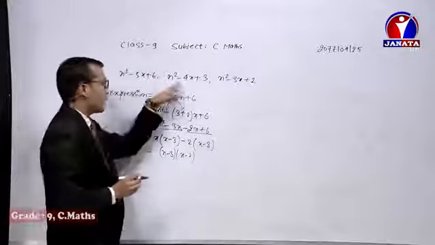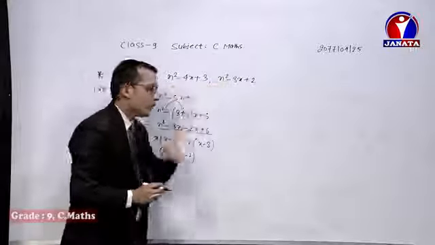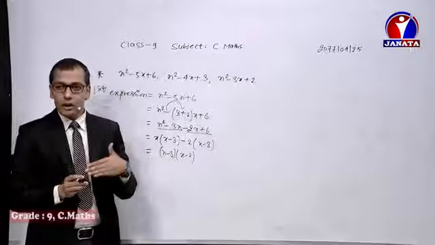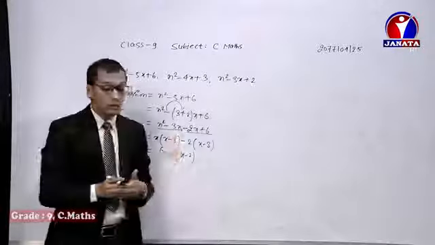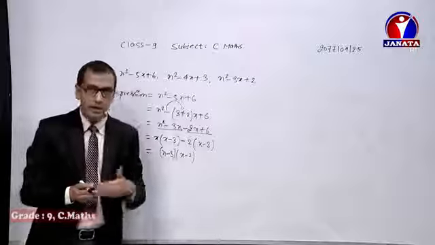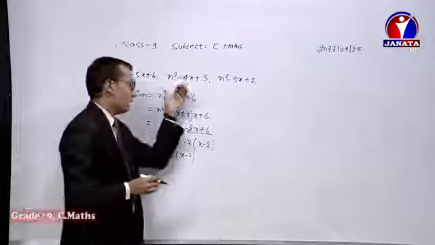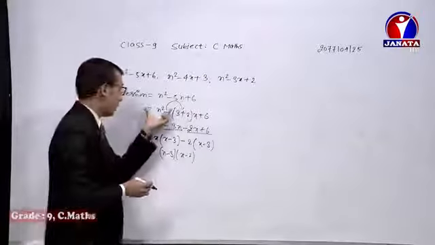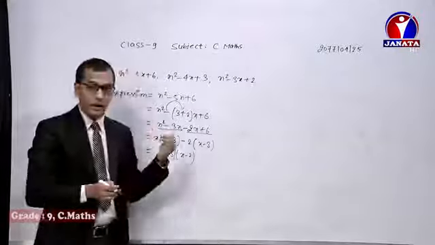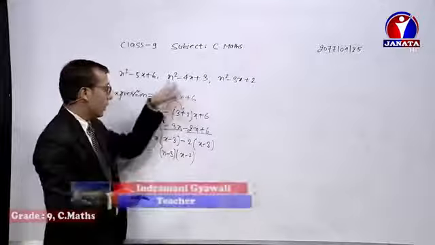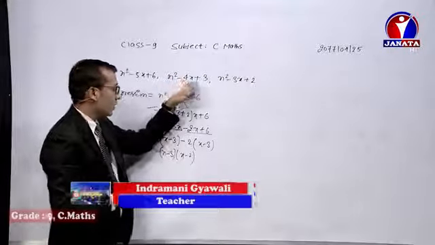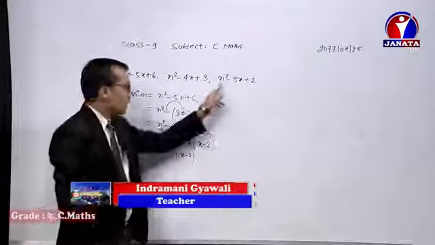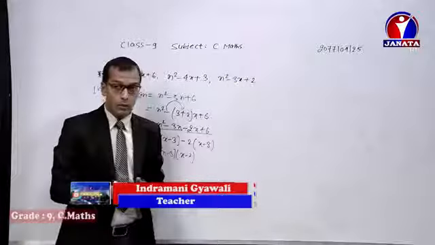Similarly, if we factorize the second and third expression, then we can find HCF and LCM. So I am leaving this question for practice. I have done one expression here, it is factorized. Similarly, we can factorize x square minus 4x plus 3 and x square minus 3x plus 2.